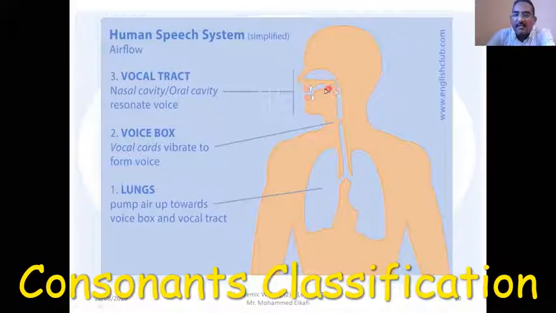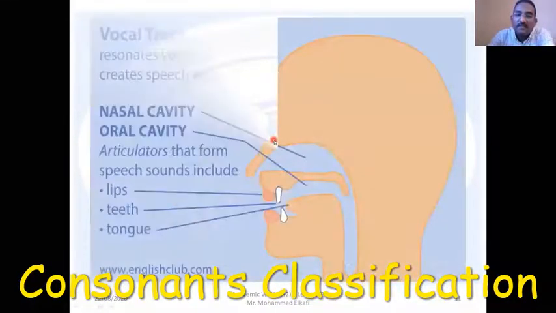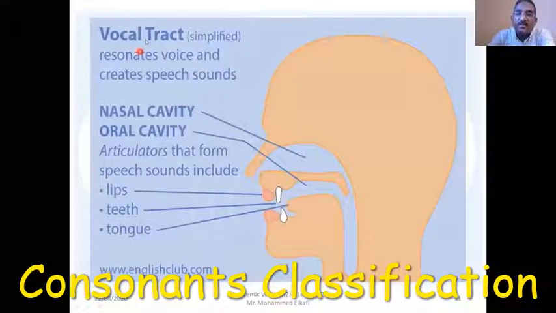And the vocal tract, which includes the cavities, the nasal cavity and the oral cavity, resonates voice. And here we can think of the vocal tract resonates voice and creates speech sounds.